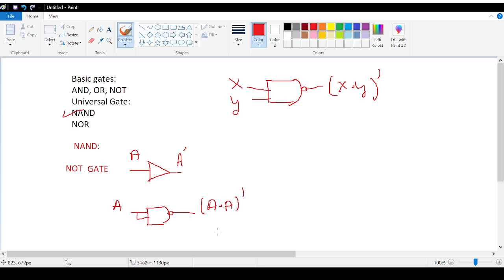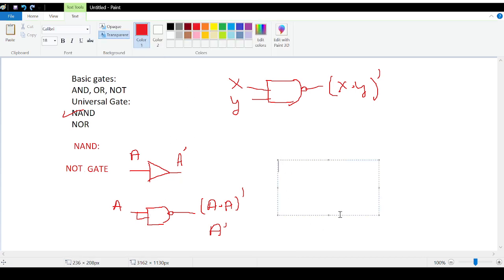A and A is A, so it's going to be A bar. So now this block works like a NOT gate. I've used a NAND gate to construct a NOT gate. Is this clear, everyone? Yes, Miss.